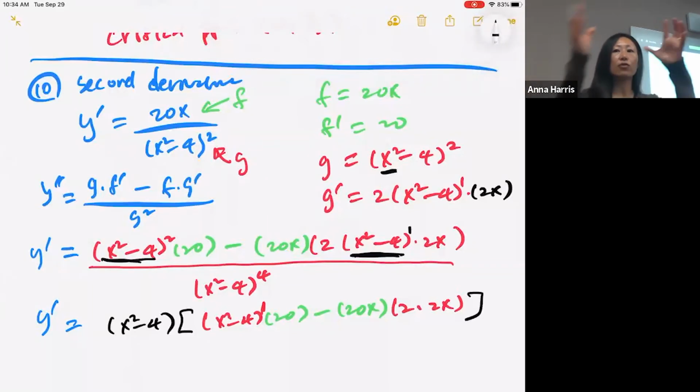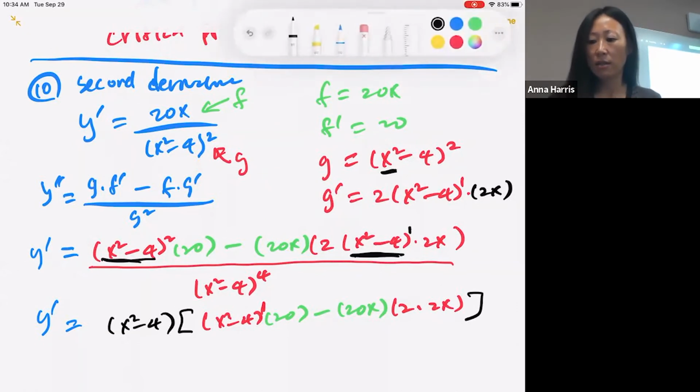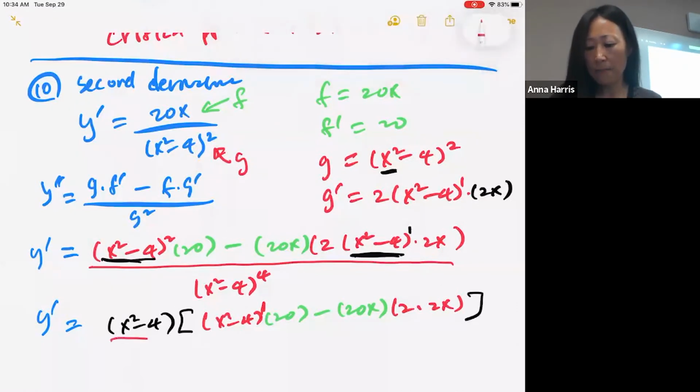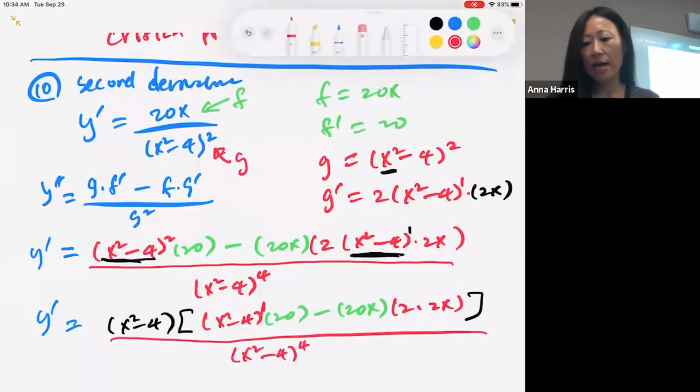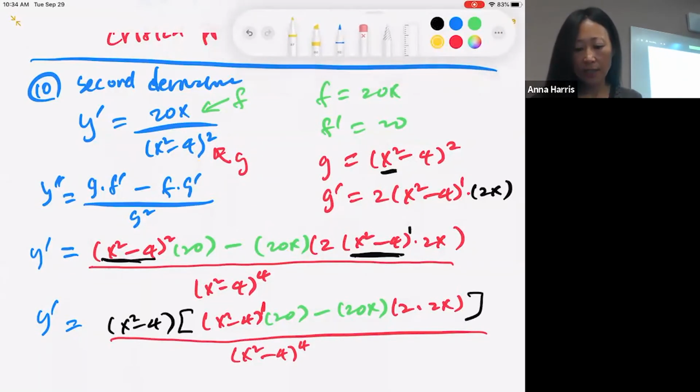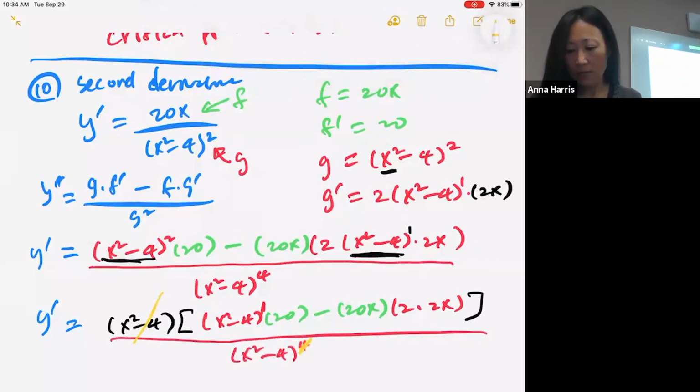I took out the x squared minus 4 in the front, that's the common factor. Everything is divided by x squared minus 4 to the 4th power. Now I can simplify. I can cancel this one out, and the denominator becomes a 3rd power. It used to be 4, now it's 3 because I took one out.